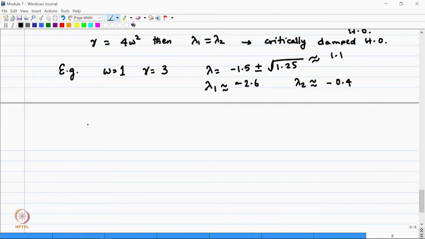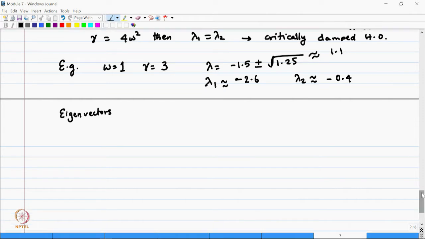Now what about the eigenvectors? In this case, you will have to work out the eigenvectors, and you can show quite easily that they are given by [1, minus 2.6] and [1, minus 0.4].